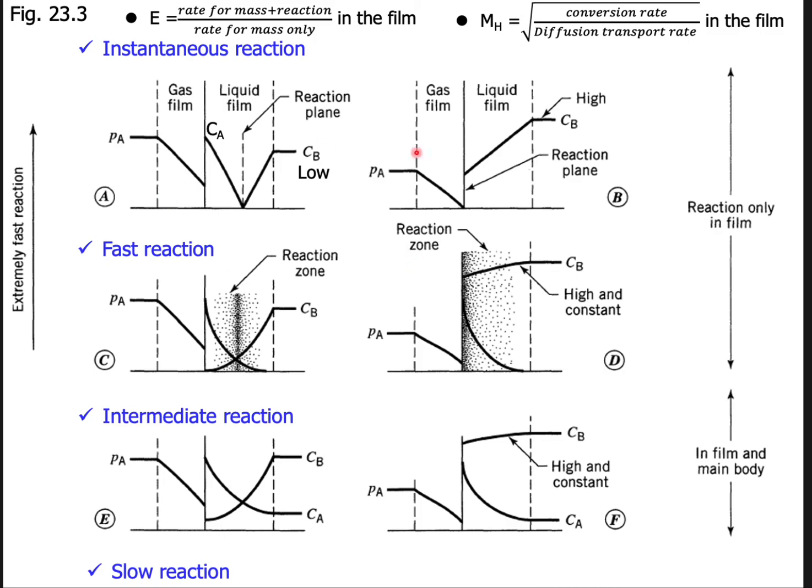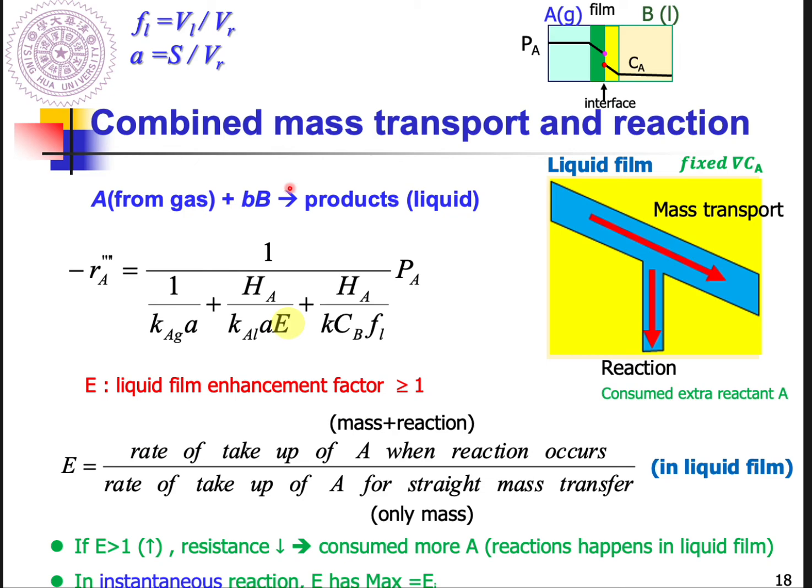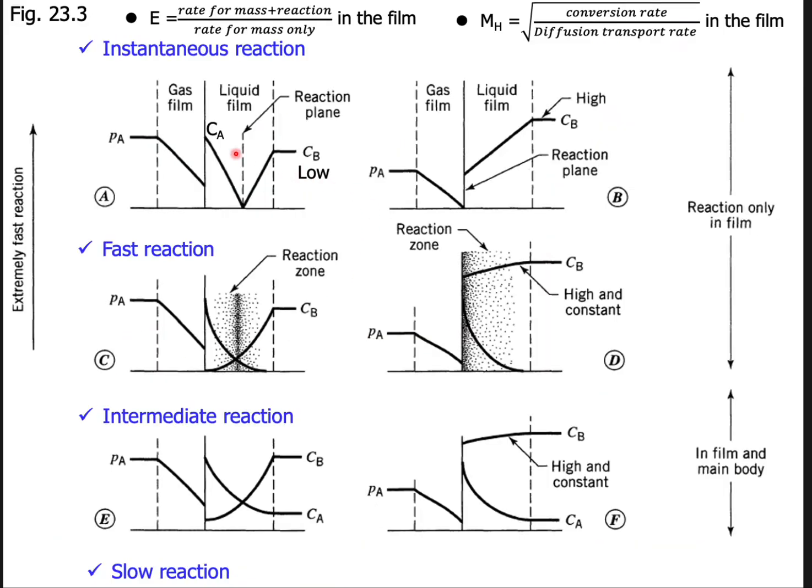We have 8 different types of cases involved in fluid-to-fluid chemical reaction. But the purpose here is to show you this uniform rate equation to describe the fluid-to-fluid reaction. This result can be applied for any case we discuss here.